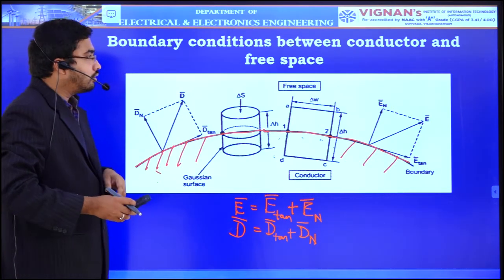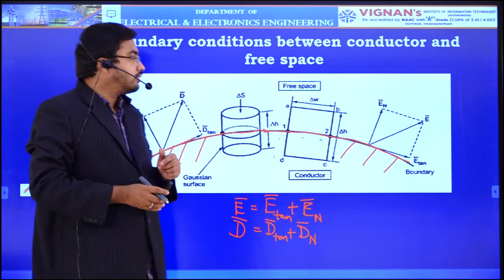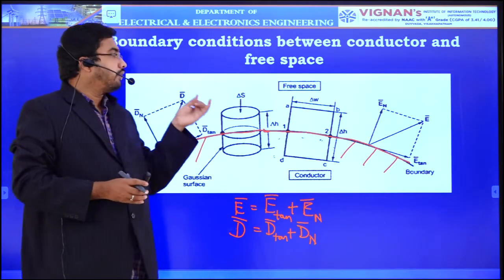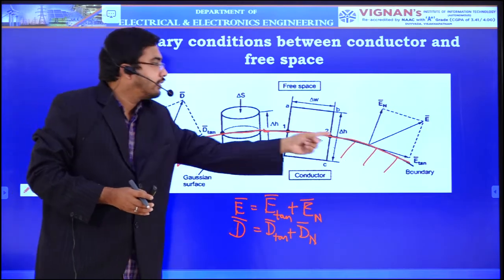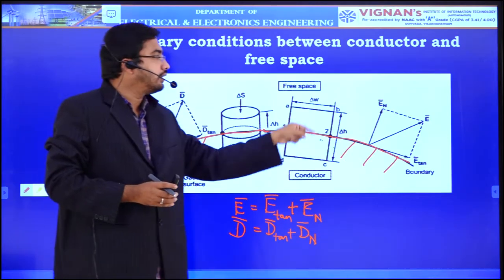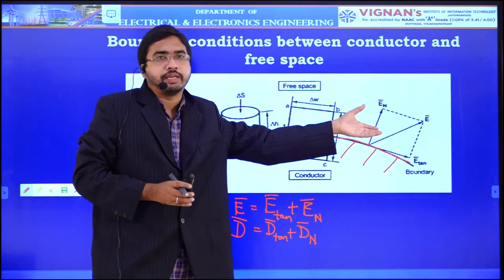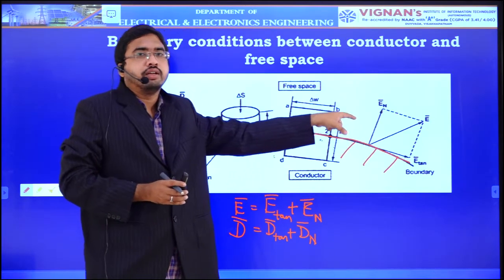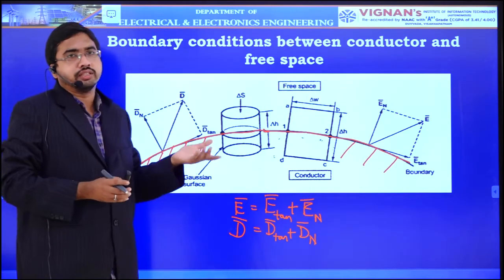Now here, to find the electric field intensity E and electric flux density D at the boundary between the conductor and free space, we are making some assumptions.